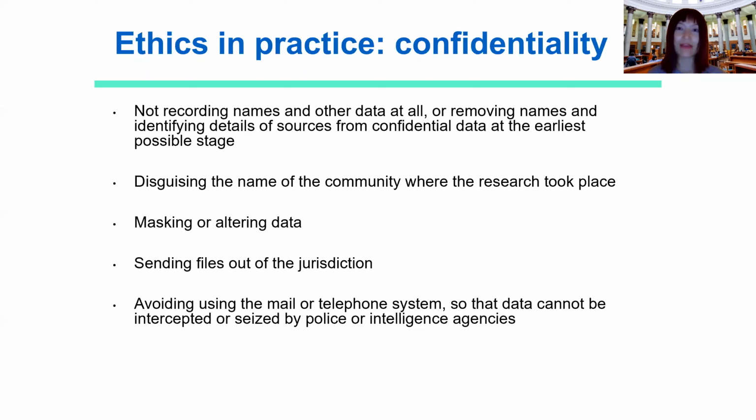So for example, if one of your participants is called Julia, you may use another name such as Yolanda to cover the real name of your participant, so that nobody can tell who exactly you are talking about, so that their information is kept confidential.